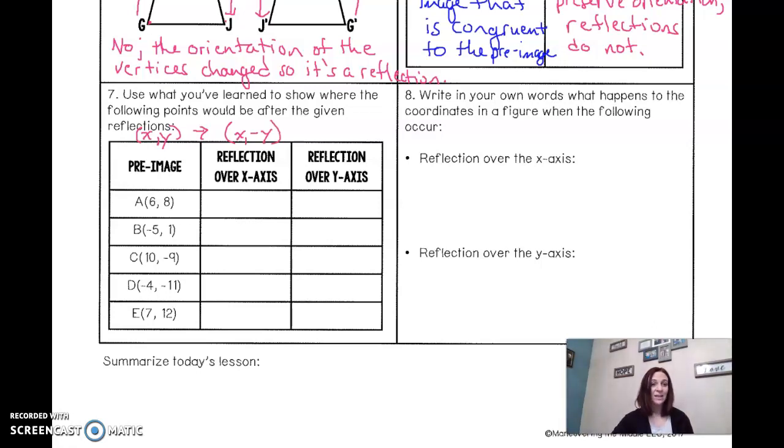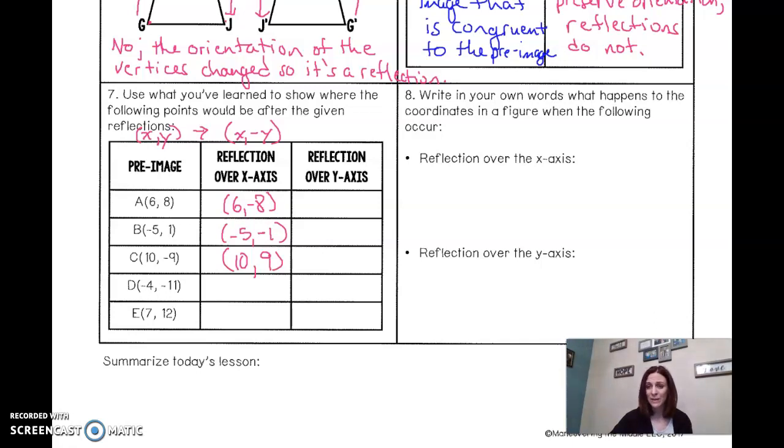So A, which is at 6, 8, would become 6, negative 8. B, which is at negative 5, 1, becomes negative 5, negative 1. And I'm not putting A prime in front of these because we're just focusing on the points, the ordered pairs. 10 stays the same, but negative 9 becomes a positive 9.